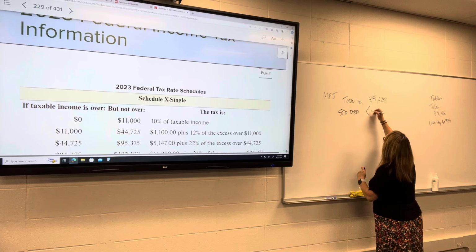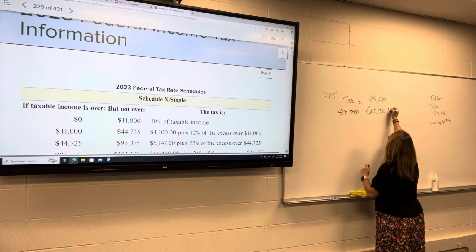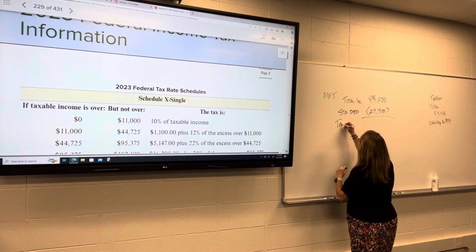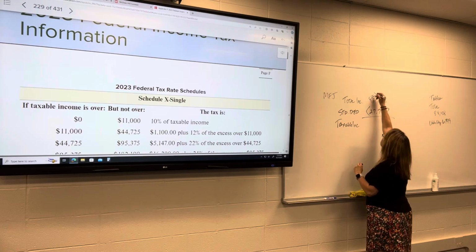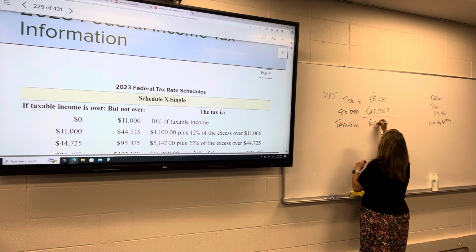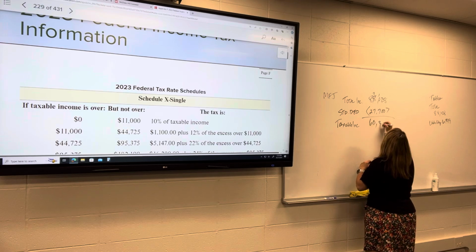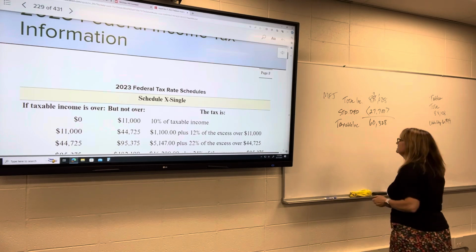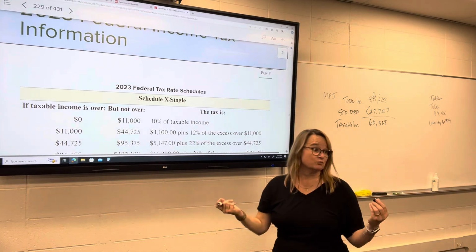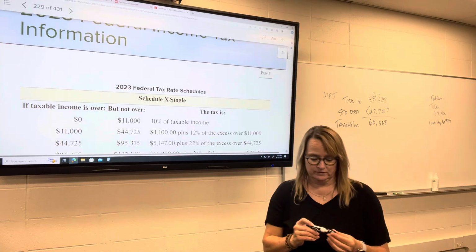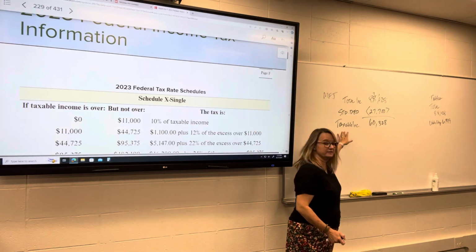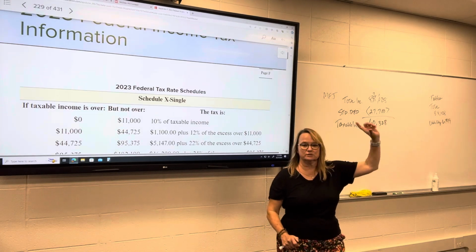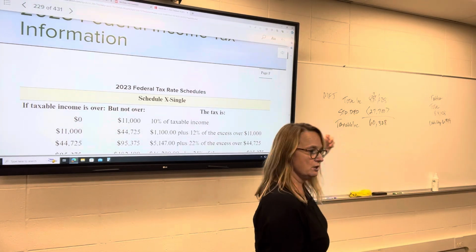So that was 27,700, which meant our taxable income was 60,328. Is that right? Okay, so our taxable income is the same regardless of which method we're using. We don't have to use the schedules with this one because their taxable income is under 100,000, but I just want to show you the difference between the results.